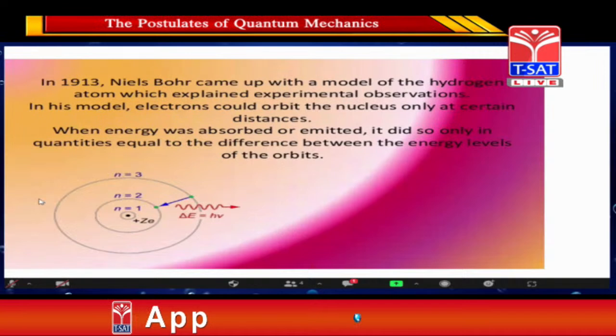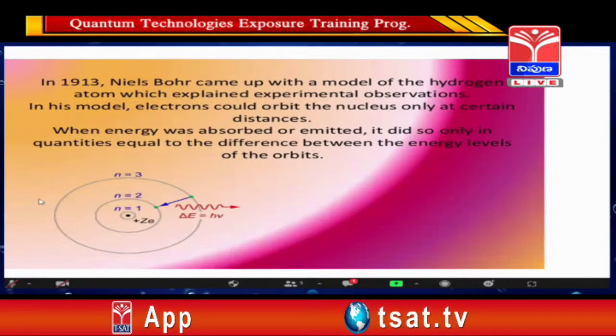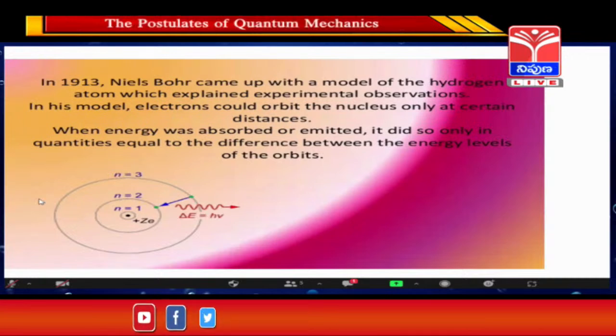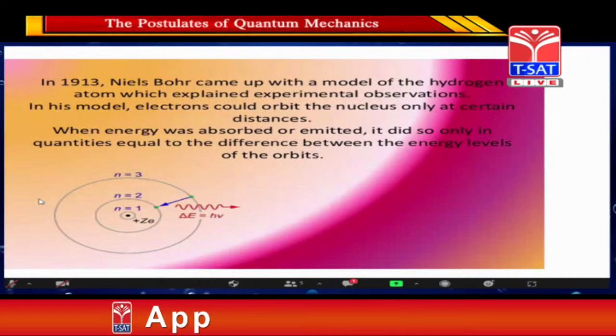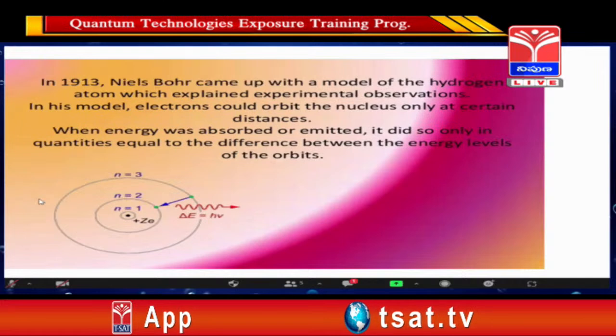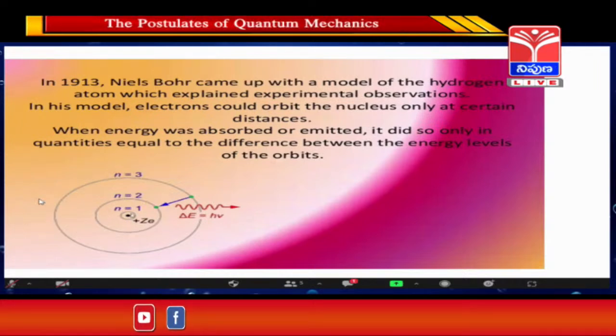When they revolve in a particular level, they do not radiate energy or absorb energy. Only when they jump from one orbit to the next, they either radiate or accumulate energy. As this picture shows, these orbits are given by the level n equals 1, 2, 3 and so on.